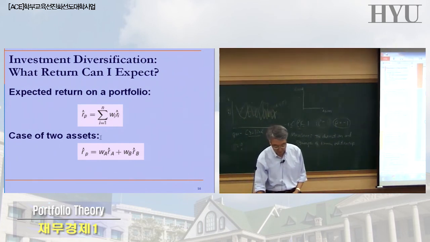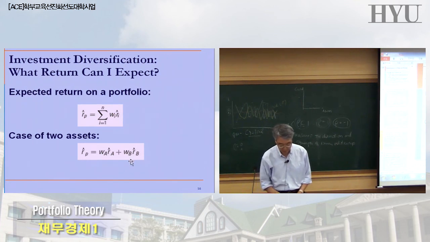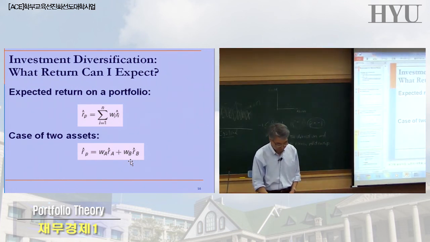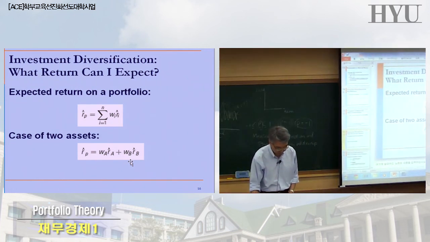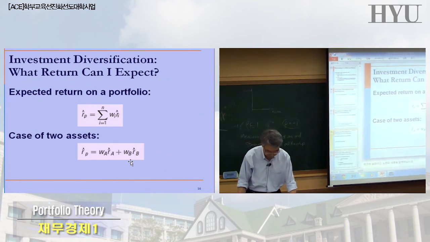In a simplified case, if you have only two assets, A and B, it's simply a weighted average: the weight of the first investment item times the expected return from that item, plus the weight of the second item times the expected return from that item. Exactly just the weighted average. There's nothing special.